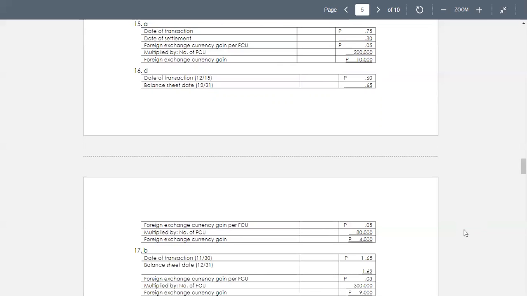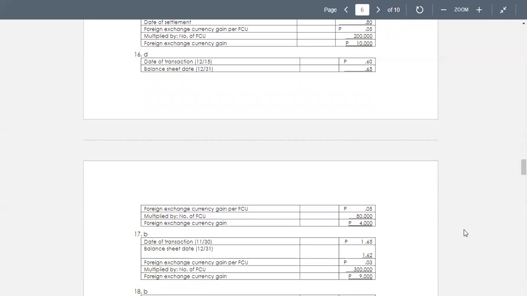Next, number 17. The question is, in the December 31, 2024 income statement, what amount should Hughes report as foreign exchange gain from this transaction? So we now get letter B for number 17. Date of transaction 1.65, balance sheet date 1.62.